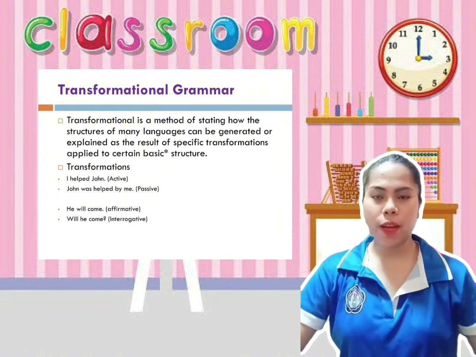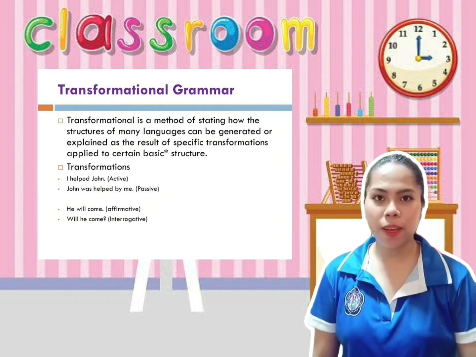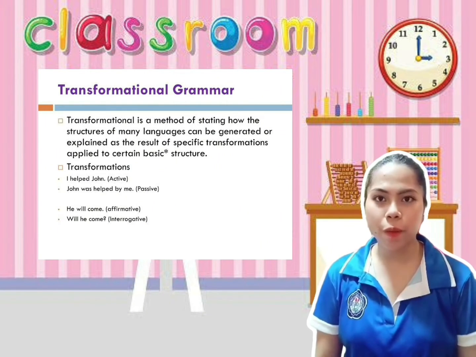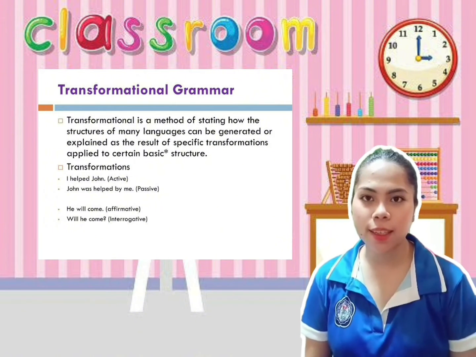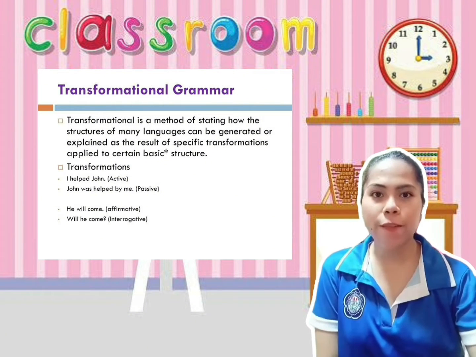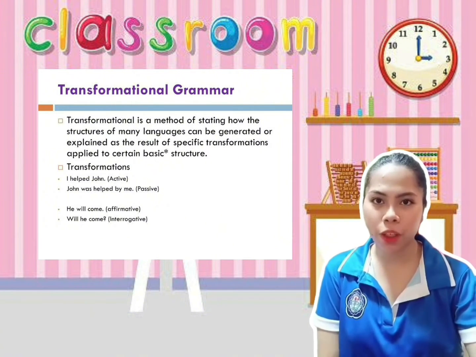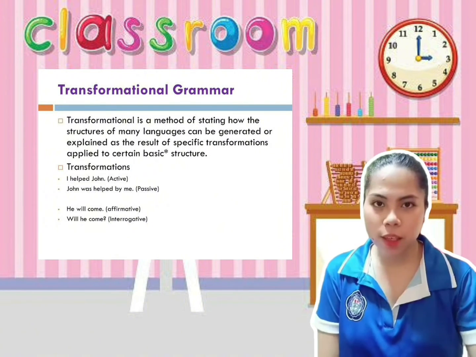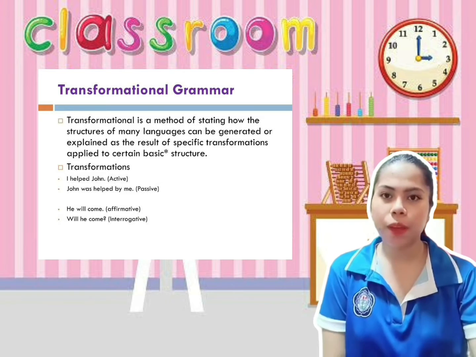Transformational generative grammar considers grammars to be a system of rules that generate exactly those combinations of words that form grammatical sentences in a given language, and involves the use of defined operations called transformations to produce new sentences from existing ones.